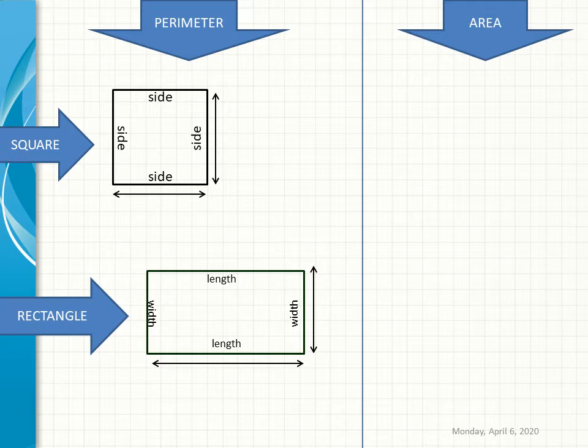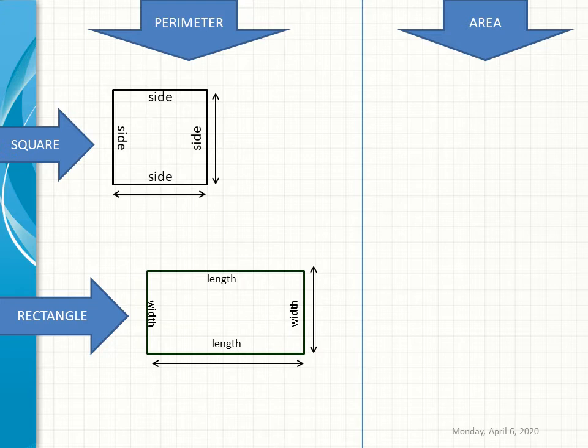It will add all the sides together. So if one side of the square is 6 centimeter, then the four sides of the square, that's the perimeter, will be 6 times 4. That is 6 times the number of sides of the square.